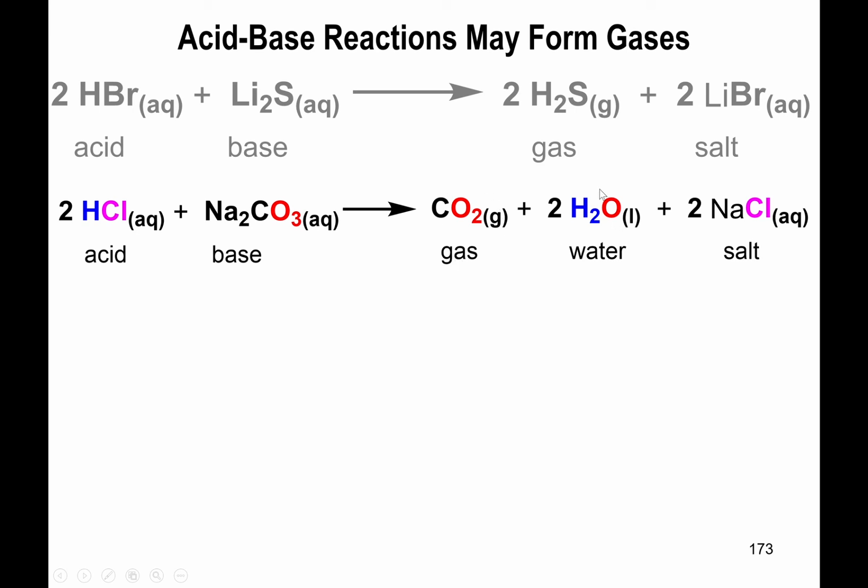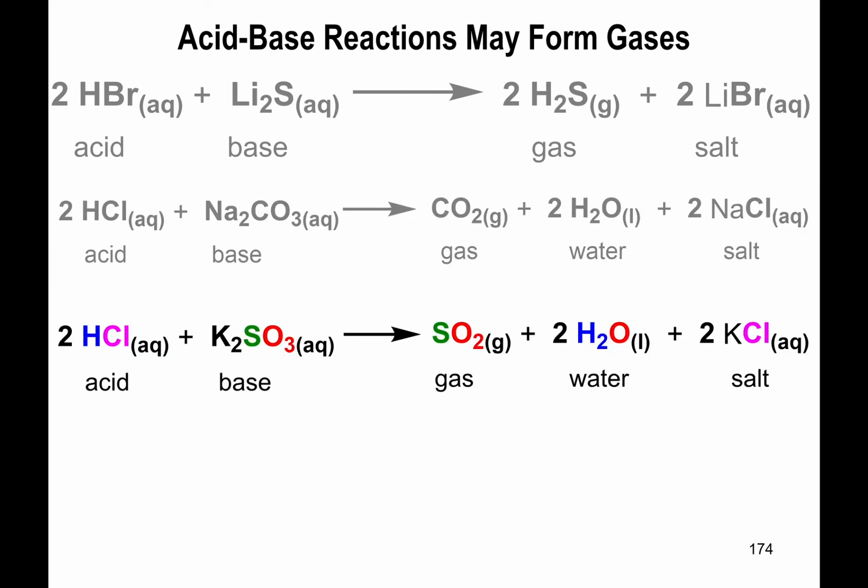And notice that in this case, we also form water and we also form a salt as part of an acid-base reaction. A similar type of reaction is one in which instead of using carbonate or bicarbonate, we use sulfite or bisulfite. The only difference here is that instead of carbon, we now have sulfur, but the premise is still the same. React the basic sulfite or bisulfite with an acidic substance like hydrochloric acid, and you will liberate sulfur dioxide as a gas.